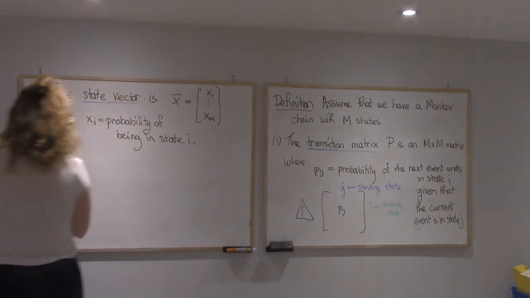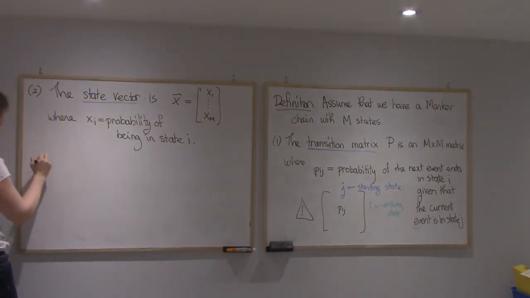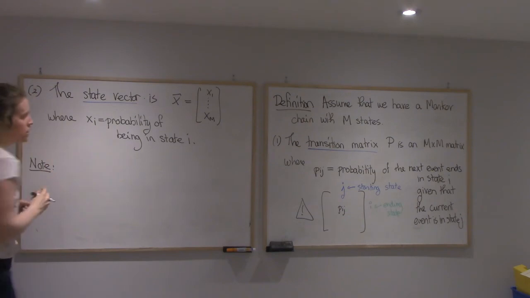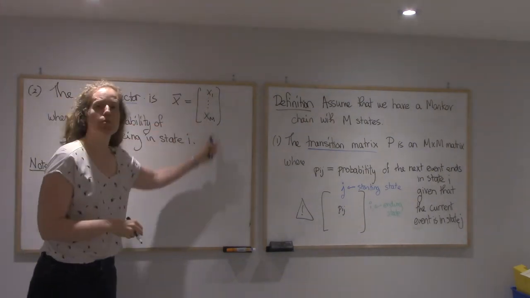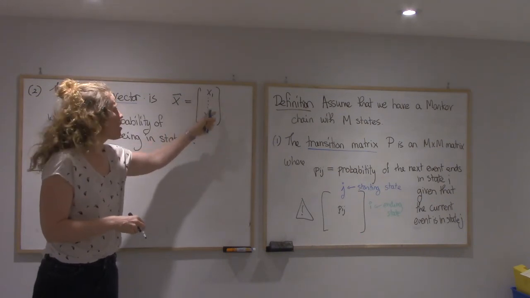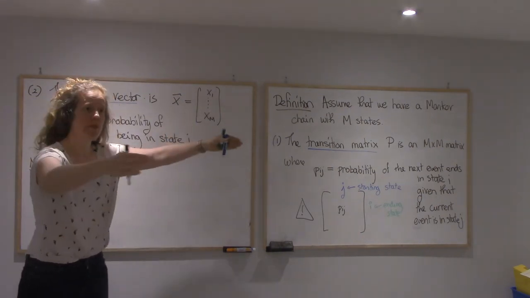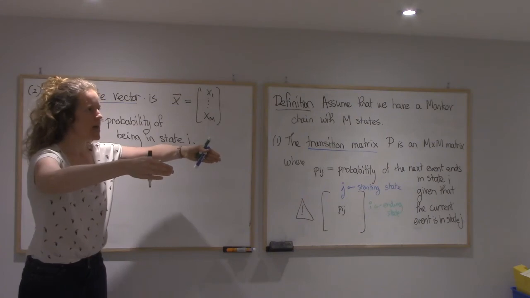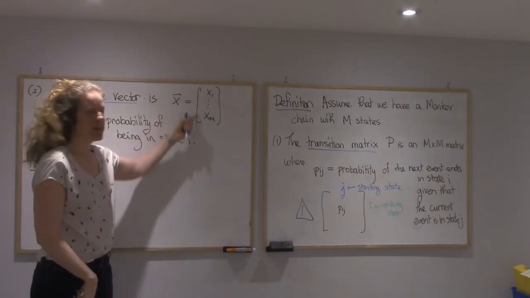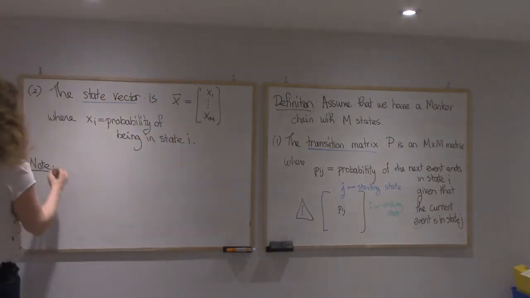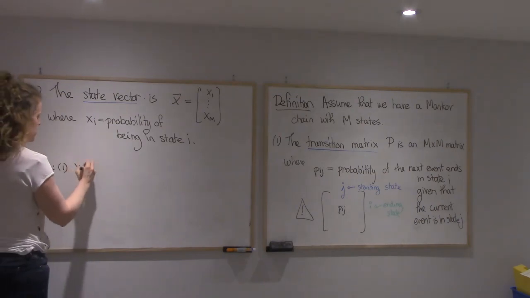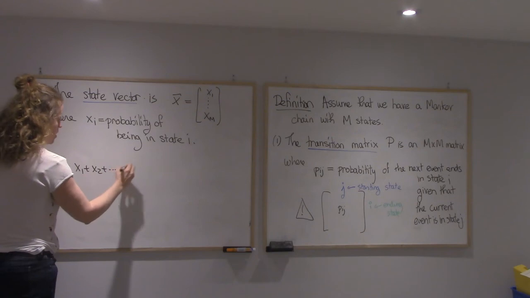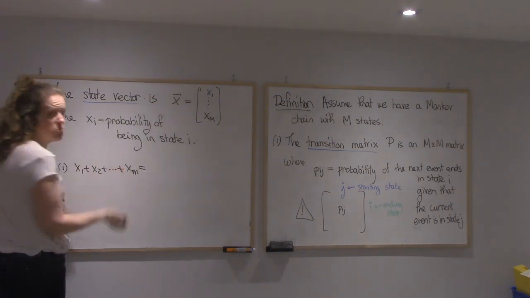And one thing to note, well, I'll tell you two things. First, since these are probabilities and they are disjoint, there's no way of being in two states, and on top of it, they cover all the possible states. What you have is x1 plus x2 plus ... plus xm. That will be 100%.